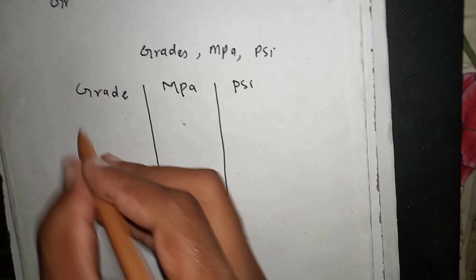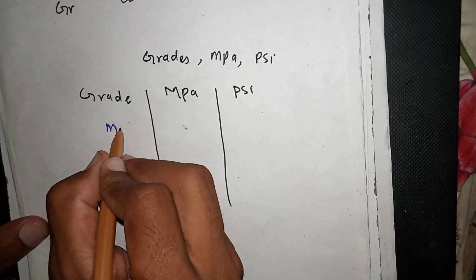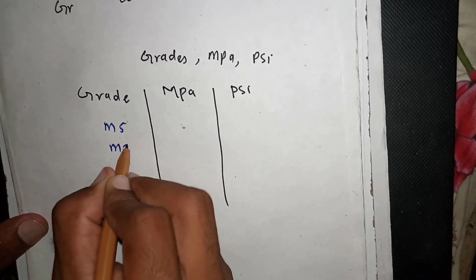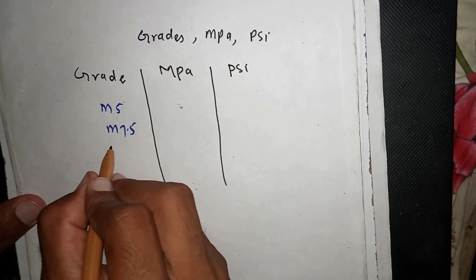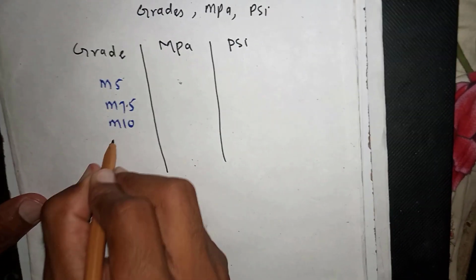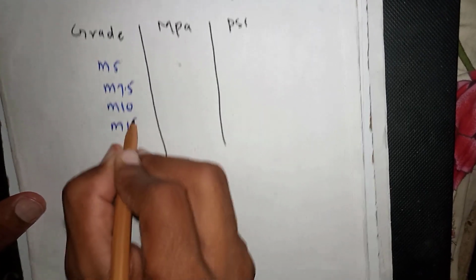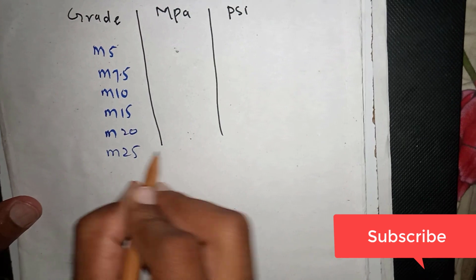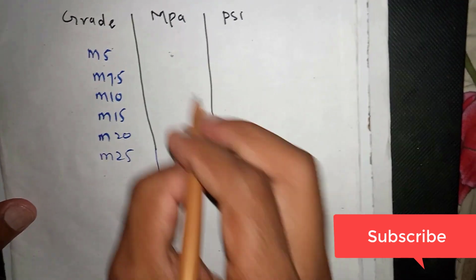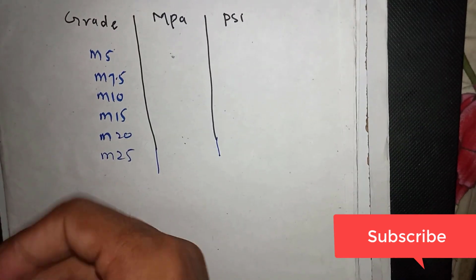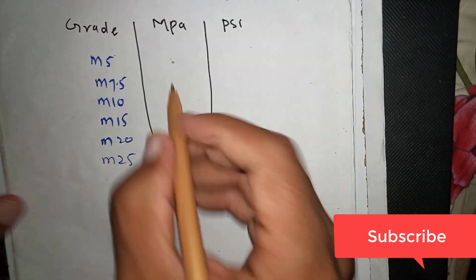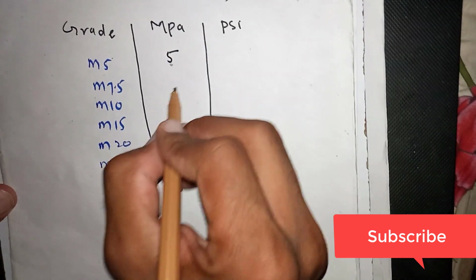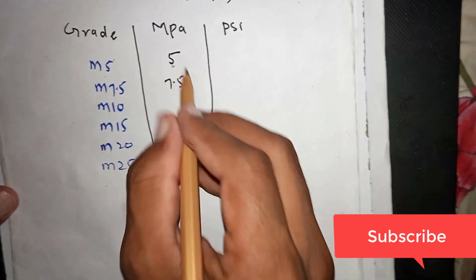So here I mention their grades as M5, M7.5, M10, M15, M20, M25. So here I mention their compressive strength in megapascal, which is 5 megapascal, 7.5 megapascal.